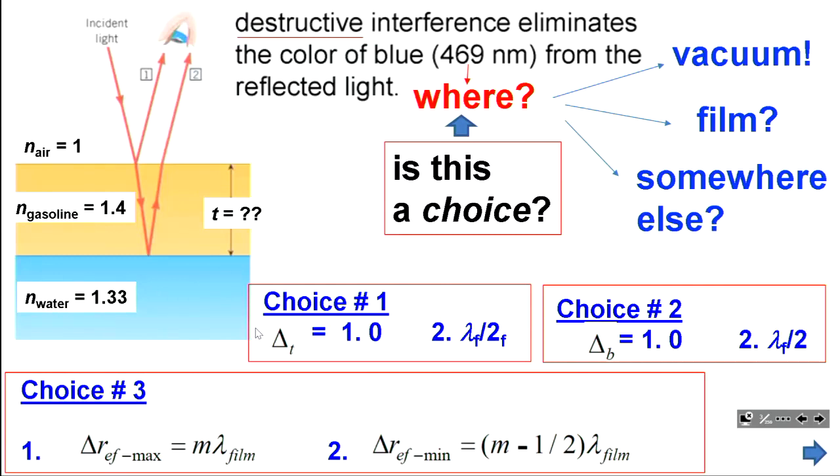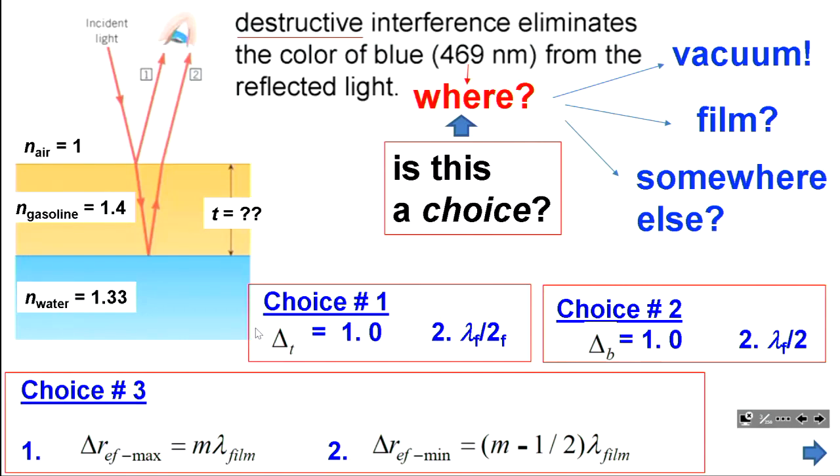The same question we should ask about the second boundary when the second reflection is happening. We also have to think about what equation to choose for effective path length difference, for the constructive interference, for the destructive interference. And of course, when a number represents a wavelength, we should think about where.